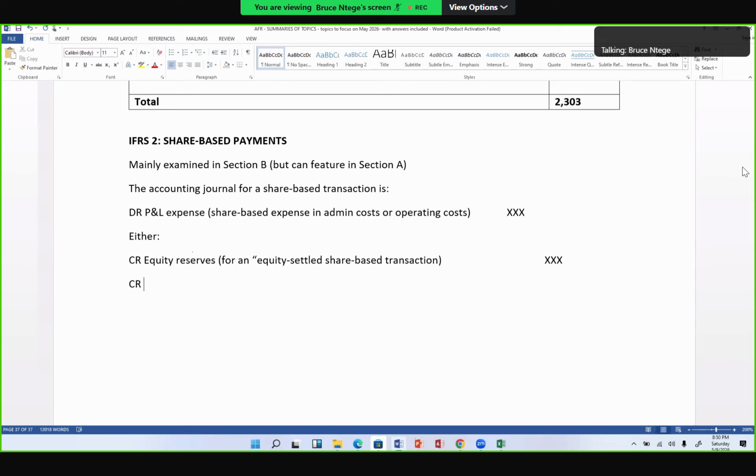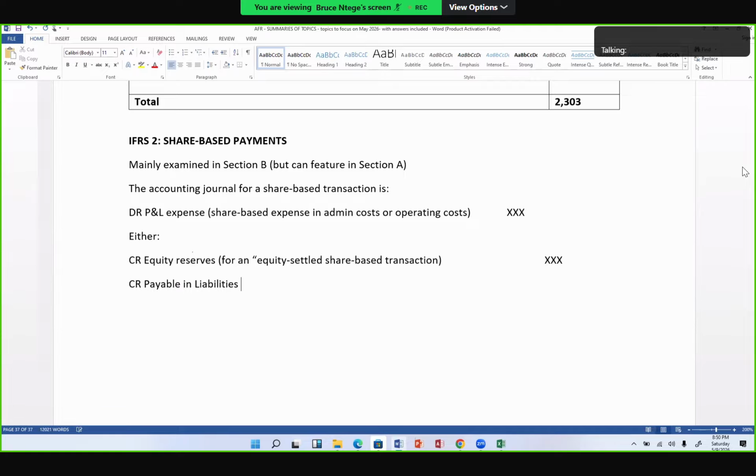This is a cash settled share-based payment transaction. So in the exam you need to look out: are we dealing with a cash settled or an equity settled share-based payment transaction to deal with the credit?